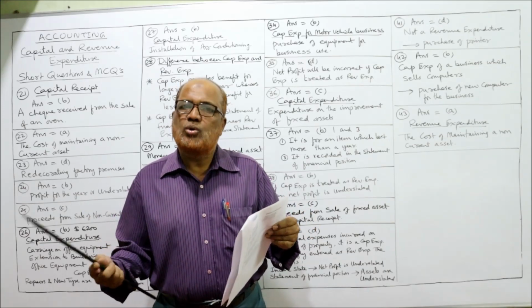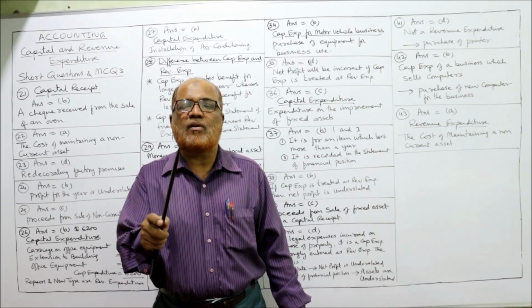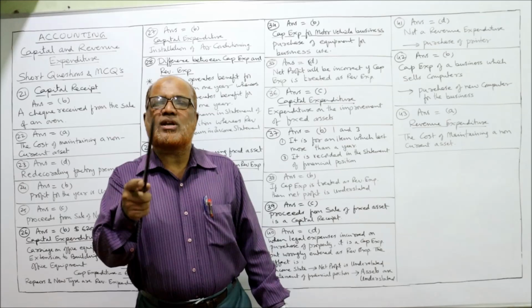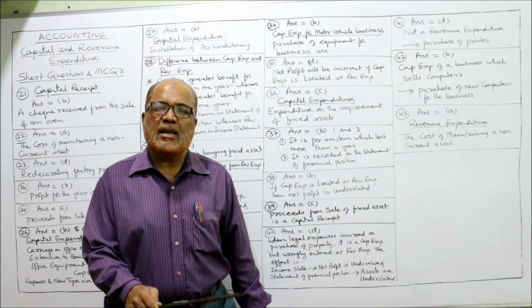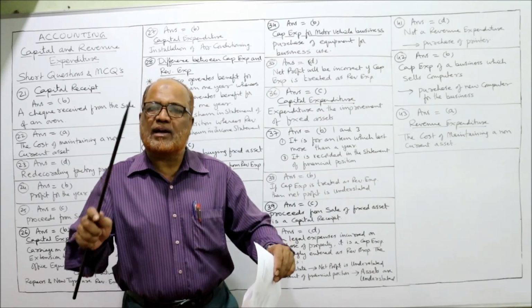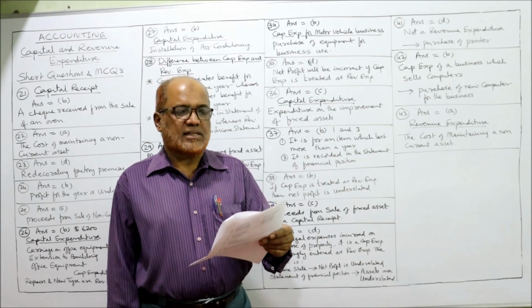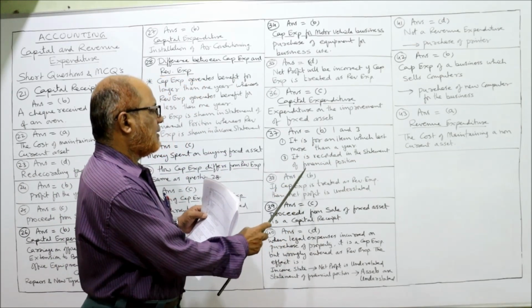Then customers, no change in customers account. Net profit, yes, net profit will be incorrect. If you treat capital expenditure as revenue expenditure, your net profit will be incorrect. Your bank balance, no effect. Your supplier, no effect. Your customer, no effect.